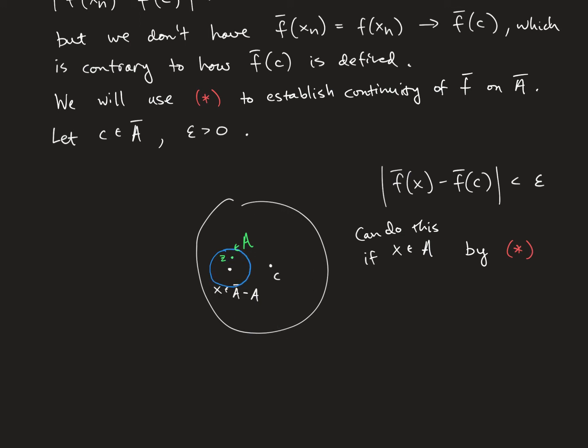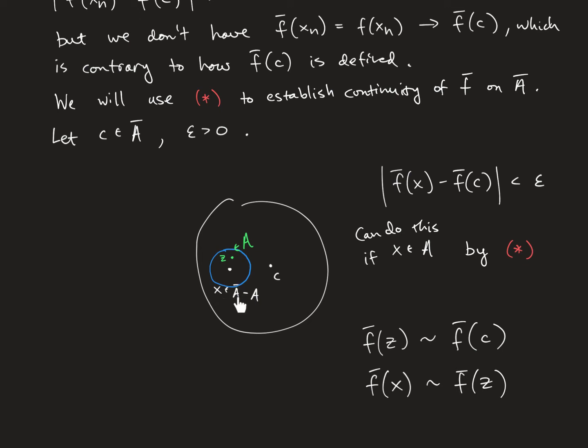But then this Z is in A, and it's in this little ball, that means it's in this big ball. And so that means that this Z, the F bar of Z, is going to be close to F bar of C. But we can also make this blue ball here small enough so that the value of F bar at X is close to the value of F bar at Z, right?